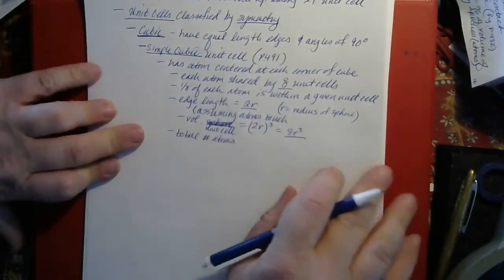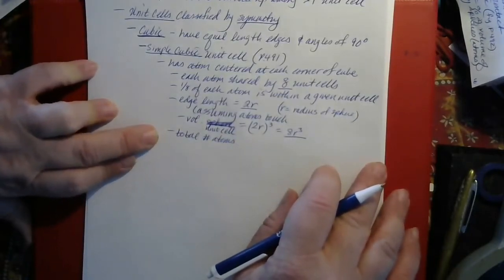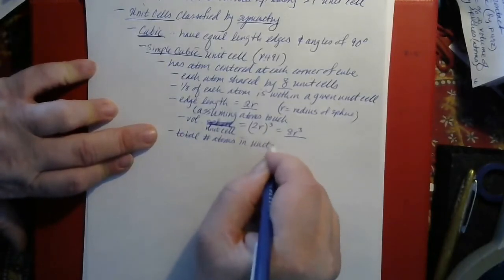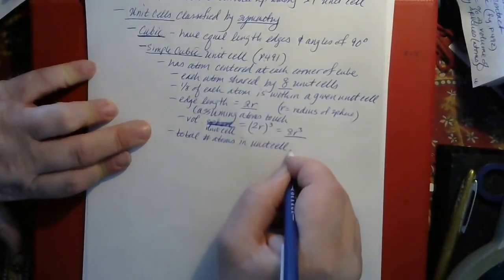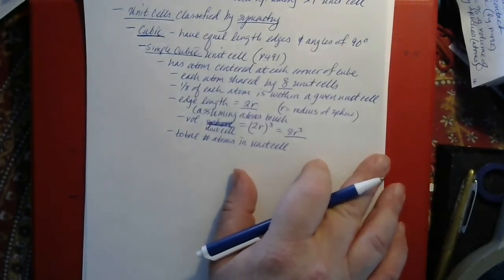There are many cases in which it is desirable to know how many atoms are within a unit cell. Because one goal of forming crystalline solids is to get the atoms to be as close to each other as possible, or in other words, to have as little empty space within the unit cell as possible.